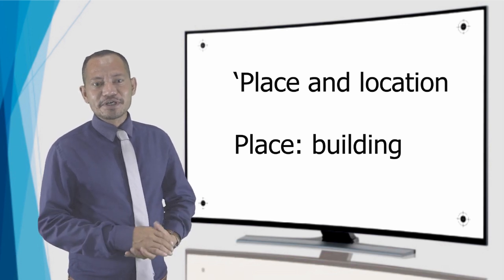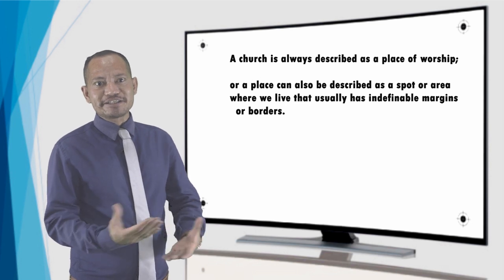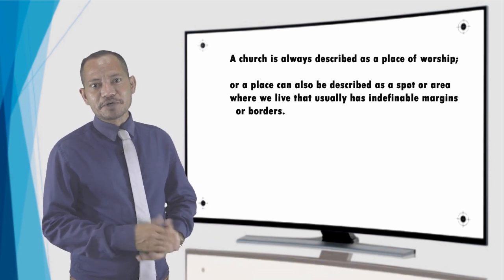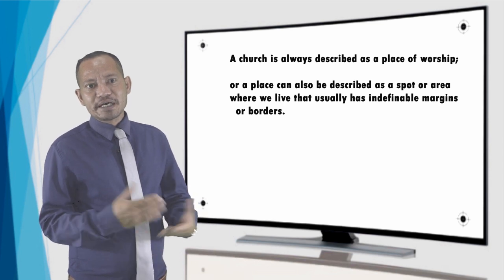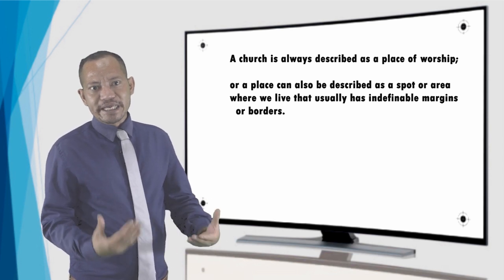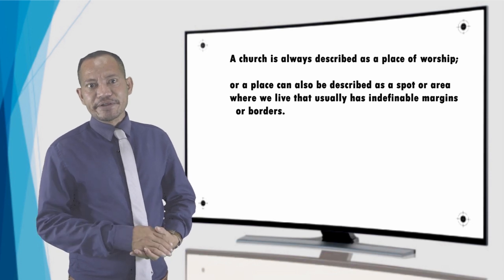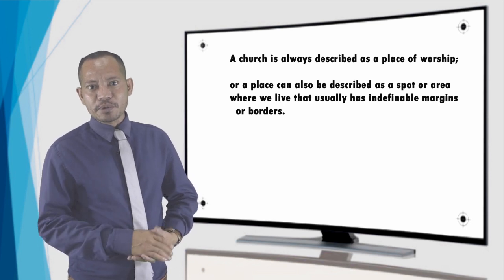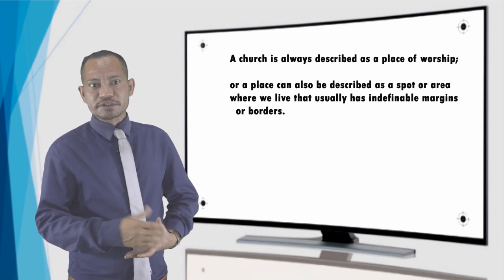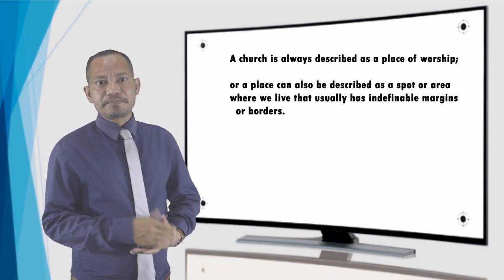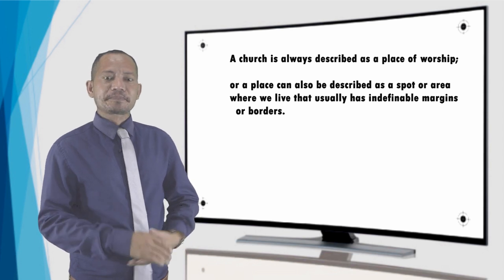As an example, a church is always described as a place of worship. Or a place can also be described as a spot or area where we live that usually has indefinable margins or borders.